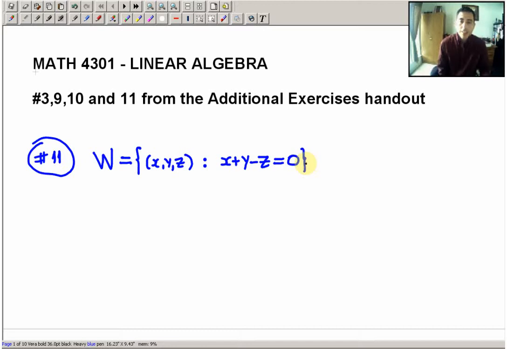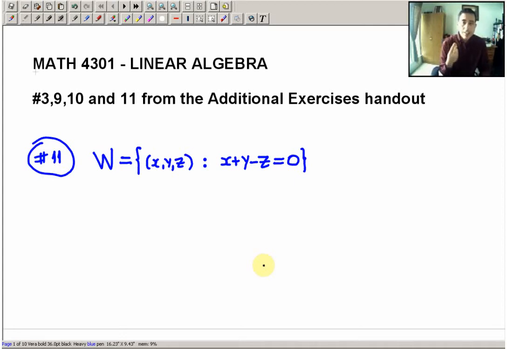So that is the set W. How do we show that it's a subspace? Well, we need to check those two conditions, right? First, if you pick two vectors in this set and we add them, is the addition still in that set?